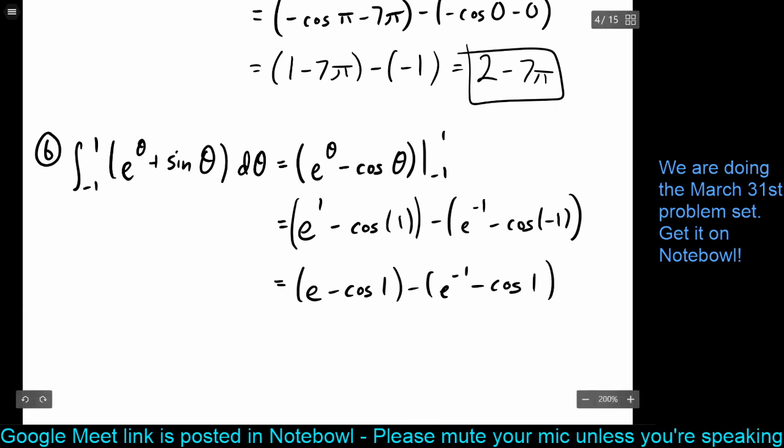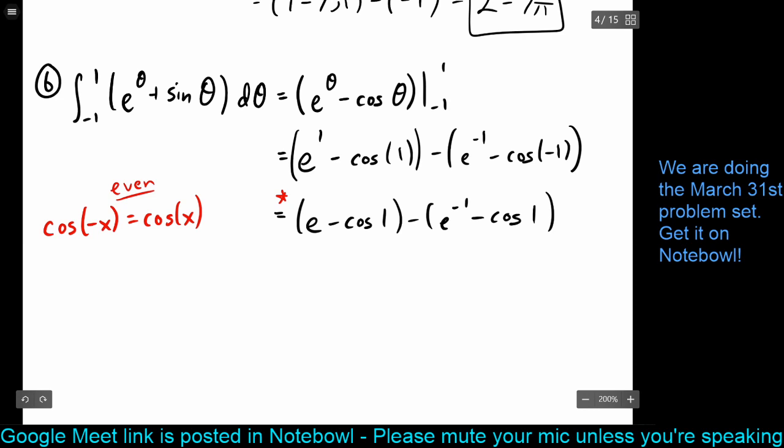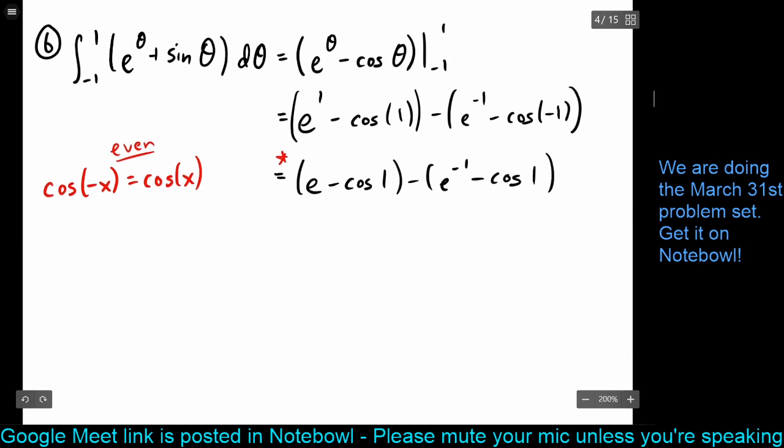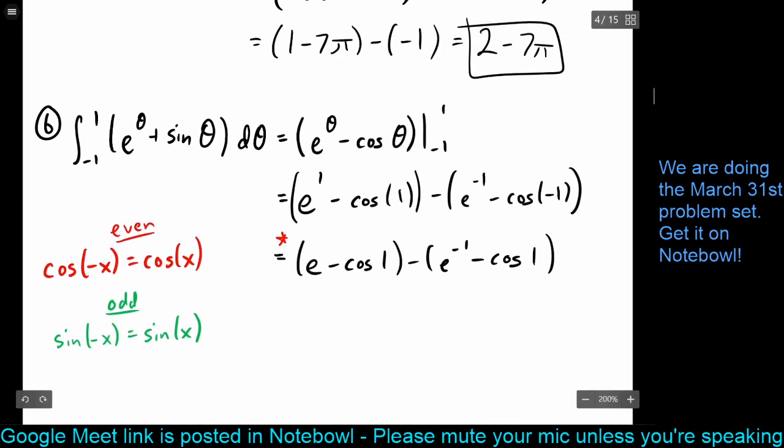So the property we used here is that cosine of minus x is equal to cosine of x. This is actually what it means for a function to be even. Kind of mentioned that earlier. And by the way, an odd function would be something like sine. Sine of minus x is minus sine of x. These are useful often for computing integrals, as we'll see a bit later.